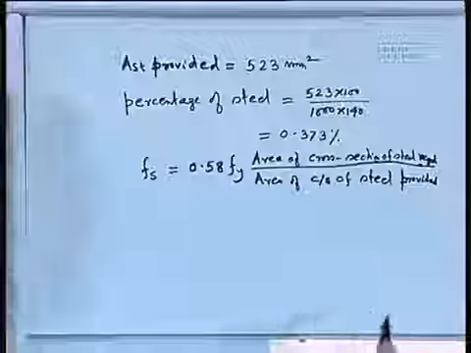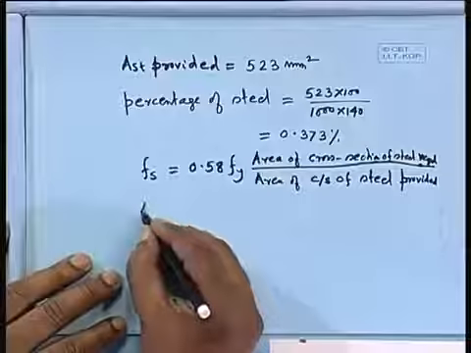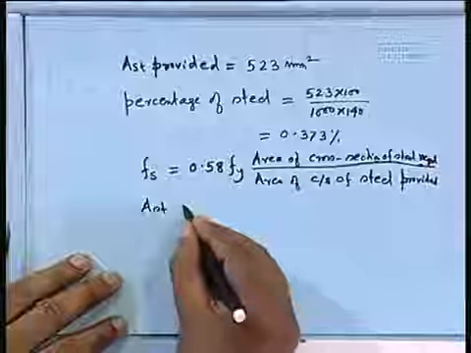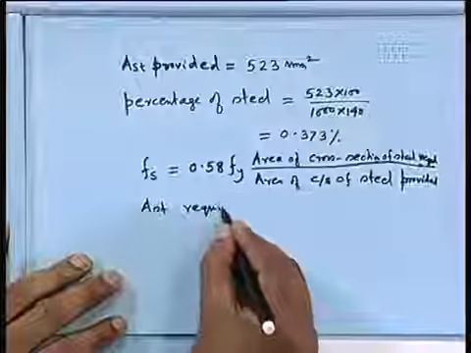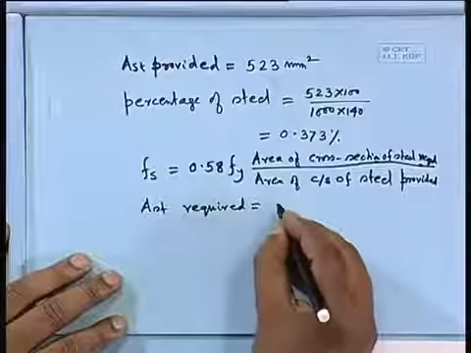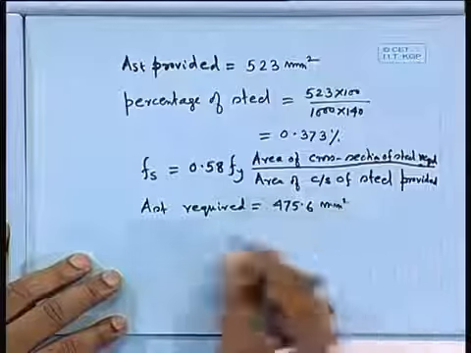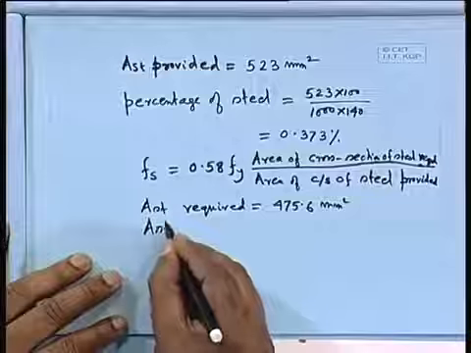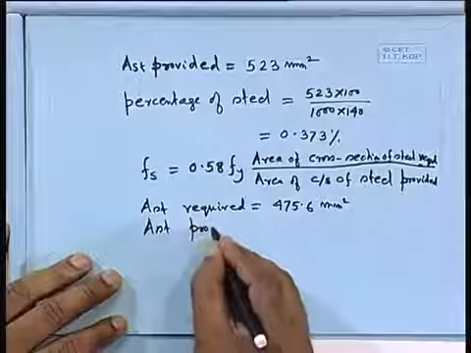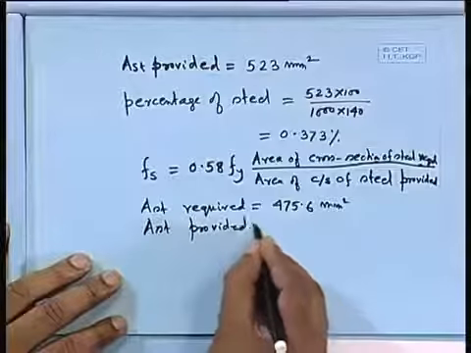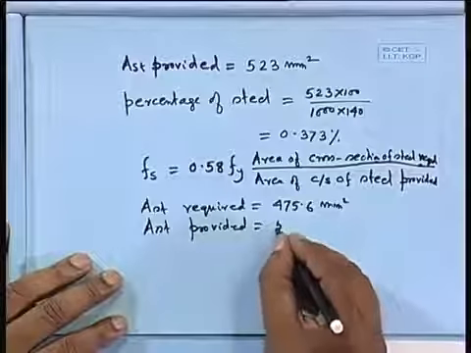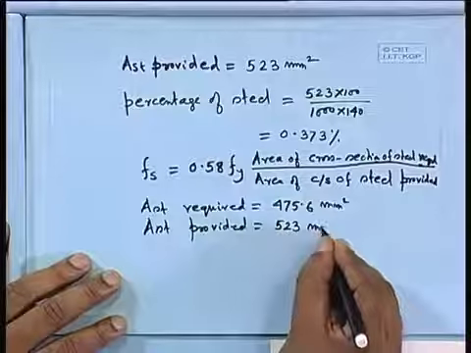So, let me write down clearly: Ast required equals 475.6 square millimeter, Ast provided equals 523 square millimeter.